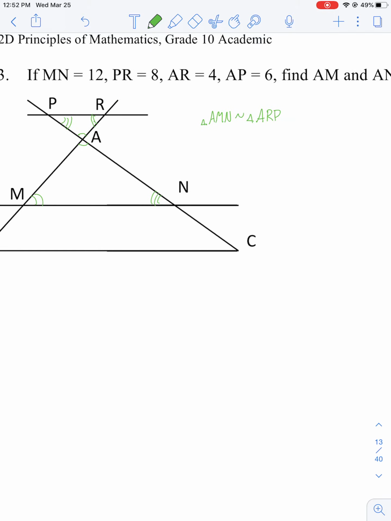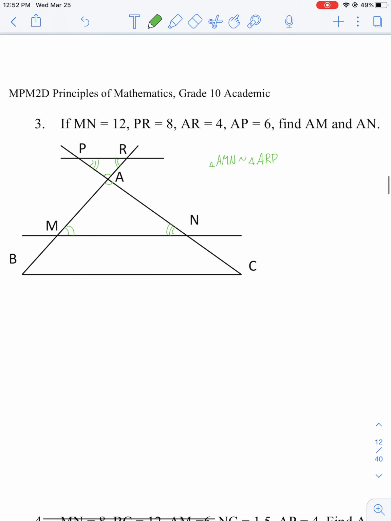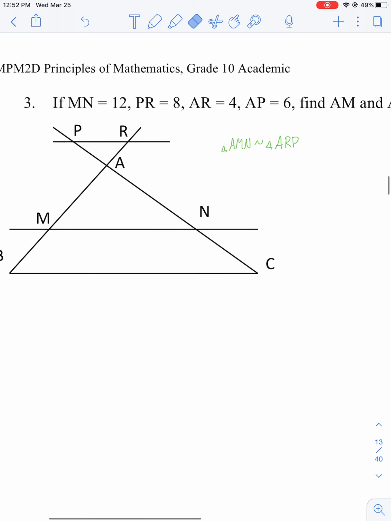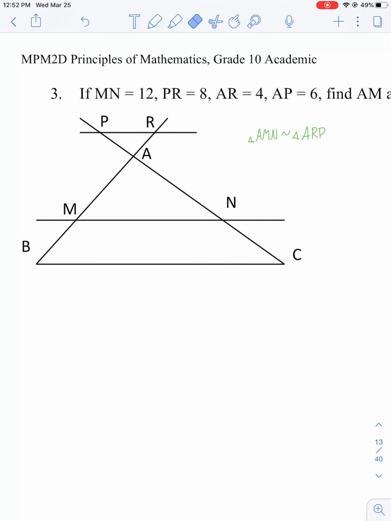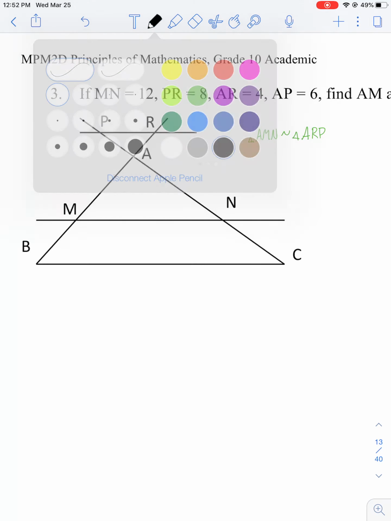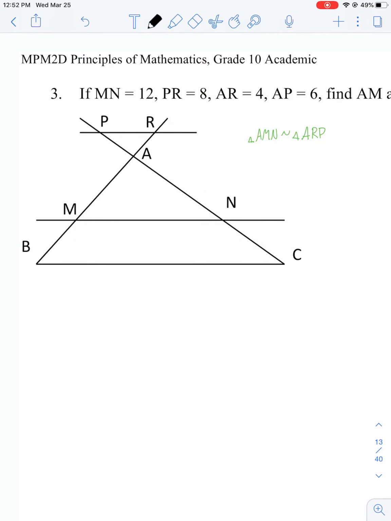So we can label our given sides knowing that we have two sets of similar triangles. Of course, I could do the same thing with triangle ABC. So triangle ABC is similar to triangle AMN, we proved before, which is also similar to triangle ARP. So first one here, I'm going to label MN is 12.